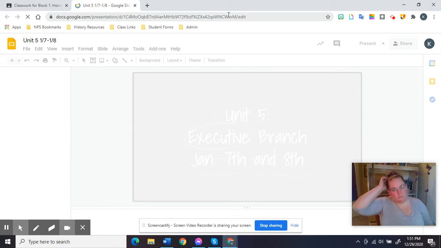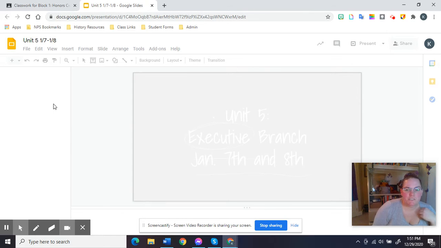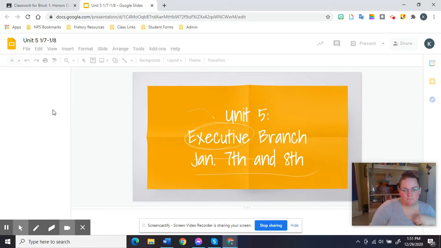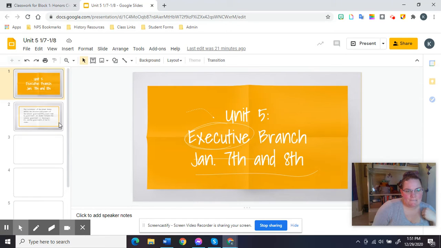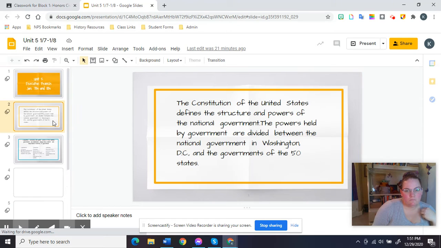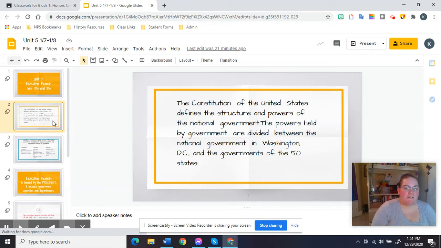So, Unit 5, the executive branch. The Constitution of the United States defines the structure and powers of the national government. The powers held by government are divided between the national government in Washington, D.C., and the governments of the 50 states.